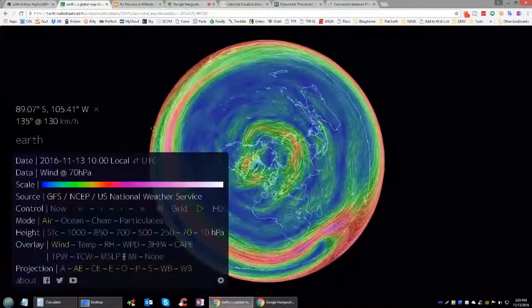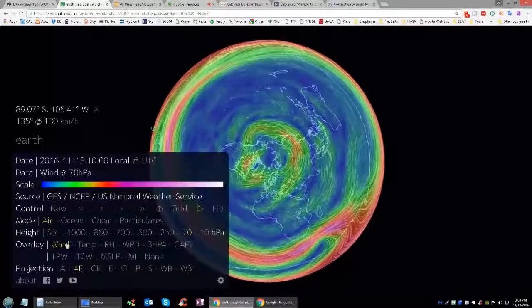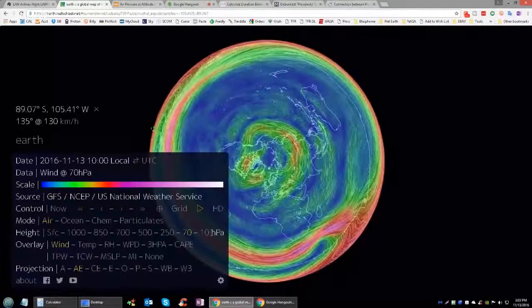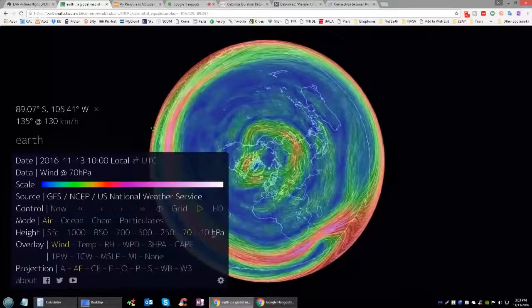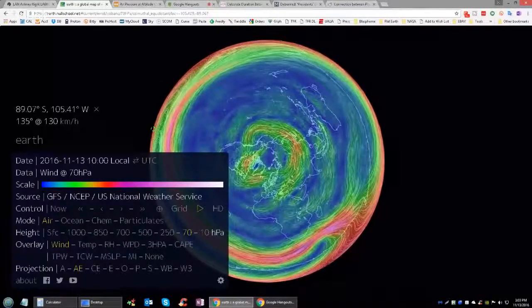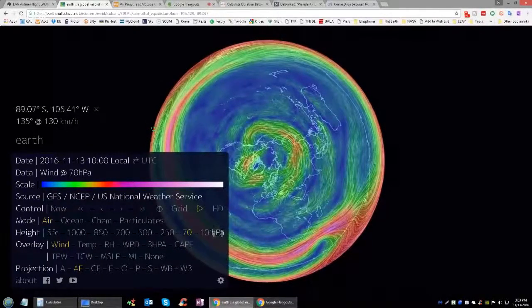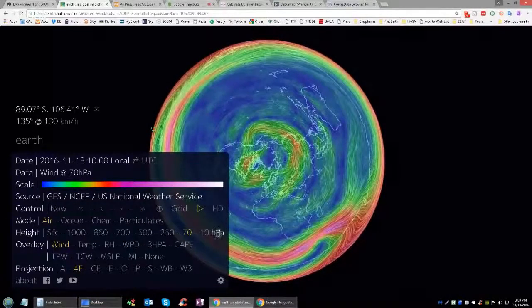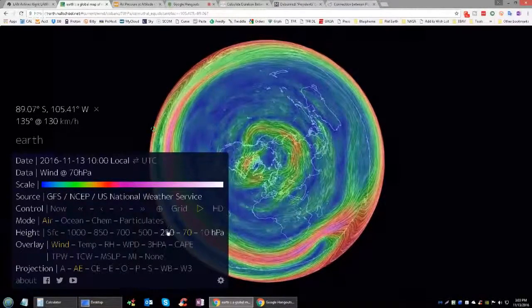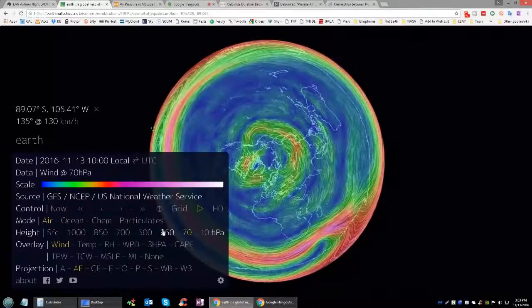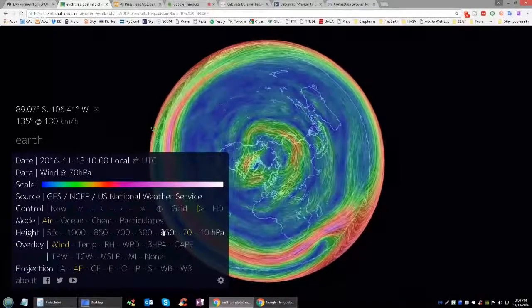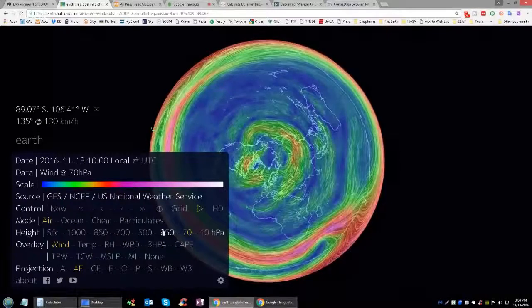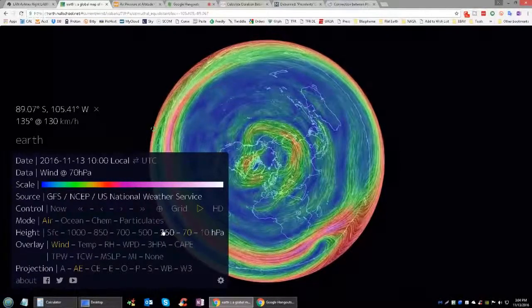Looking at this, I've already done the AE projection, put it on wind, and these are HPA, or hectopascals. This is your pressure basically, and HPA is 100 times the Pa, which is usually the number that you get. But you can go through each of these and figure out where that is in the so-called height, if you're talking about a 40,000 foot plane.